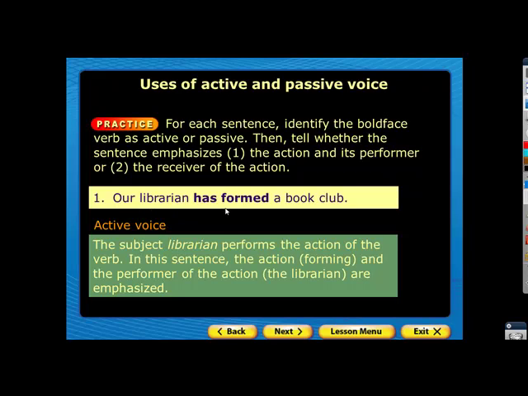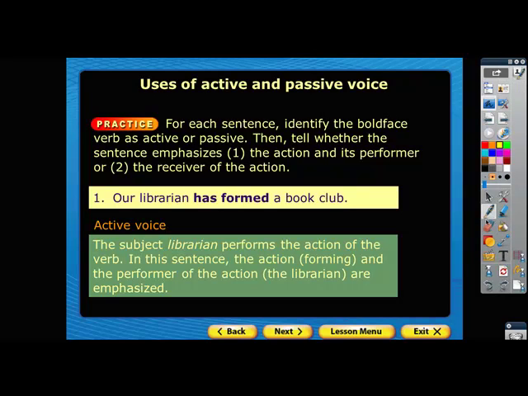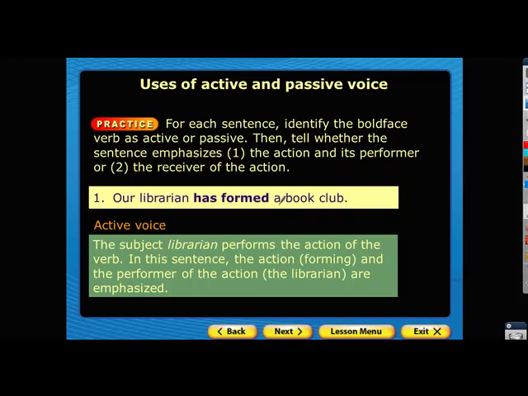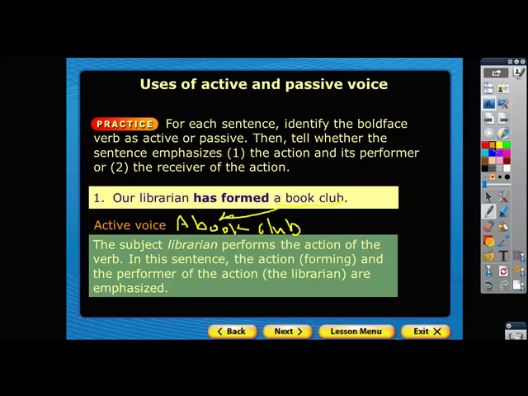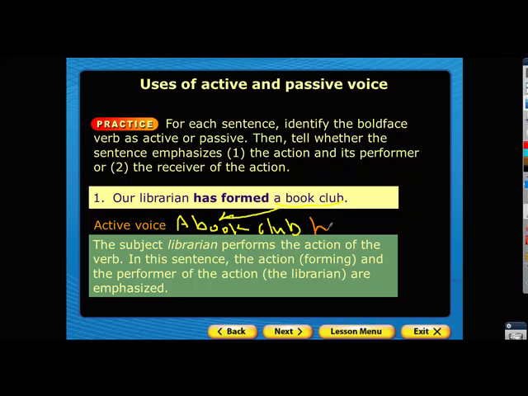Okay? And her action of making something. Now, I need you to shift it to the passive. Can you? Yes, a book club. What about the book club? I need has as it is because book club is singular.